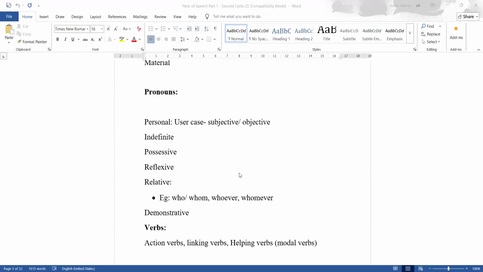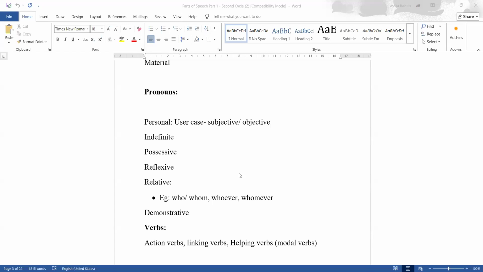On none, very often. None of, all of, and then the phrase or the sentence is given and you have to rectify it or figure out if the sentence is right or wrong. All of these fall in the category of indefinite pronouns. So indefinite pronouns are very important when it comes to sentence correction. Possessive is very simple. Mine, yours, hers, etc. What is reflexive?